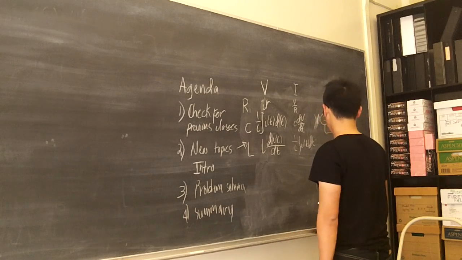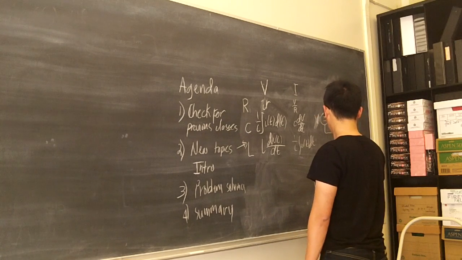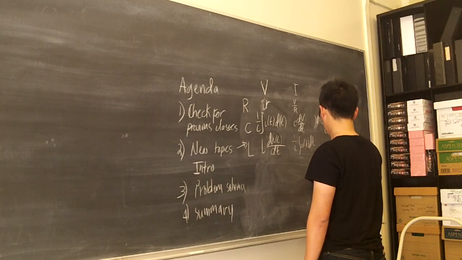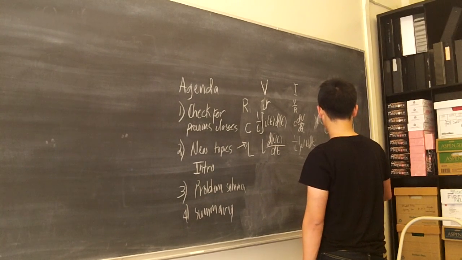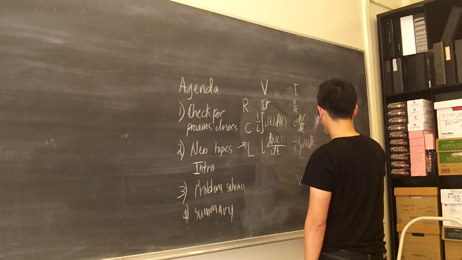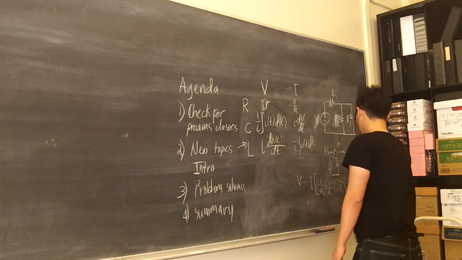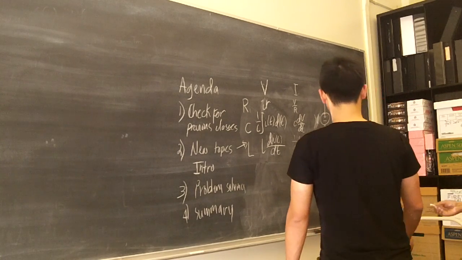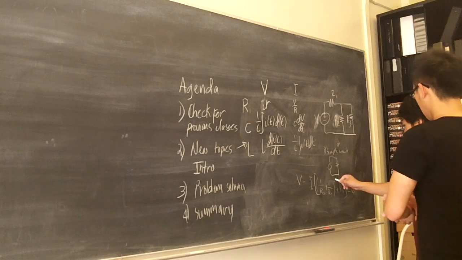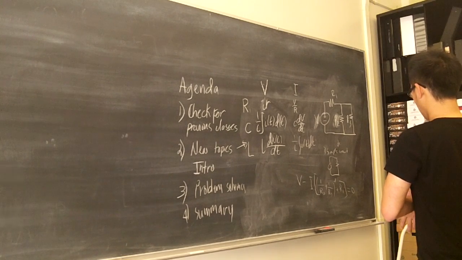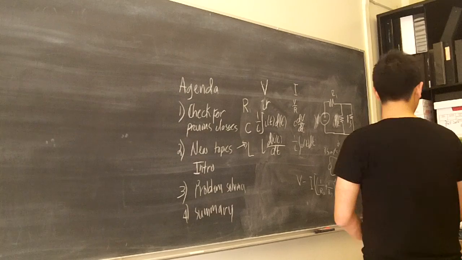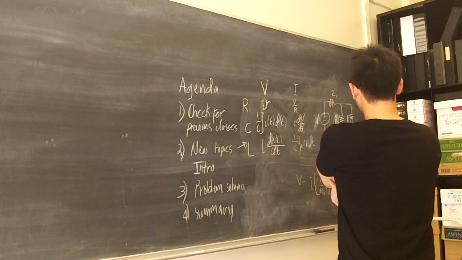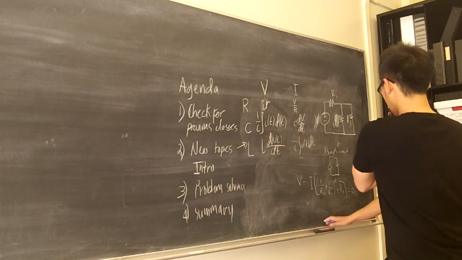Correct. Nice. That's almost correct, but not this one. Oh, right. Correct? Yeah. So that's the equation of your KVL. Correct. So how about if you have a capacitor now?